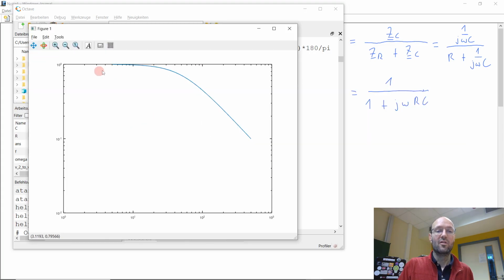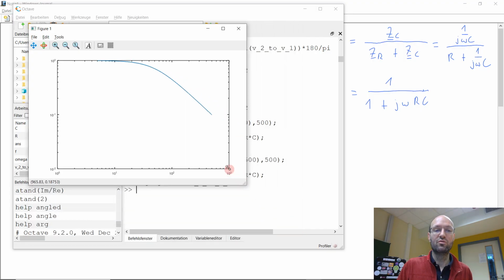Yeah, so for the low frequencies, the amplitude is 1 and then there is some break somewhere. And then for higher frequencies, this amplitude is going down. So this is what happens to the magnitude.